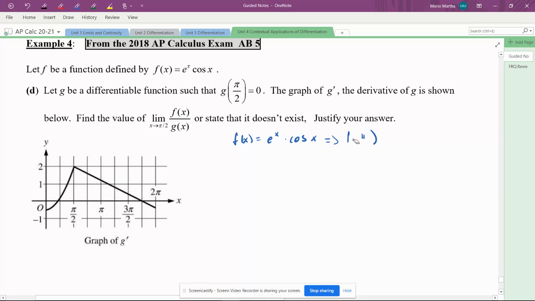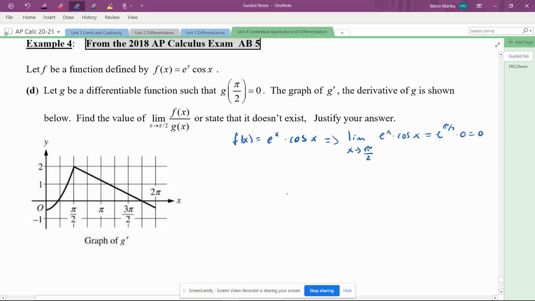Sorry about that. So we're going to say the limit as x approaches pi over 2 of e to the x times cosine of x. So this is equal to 0, because we have e to the pi over 2, and cosine of pi over 2 is 0, so that's just 0.